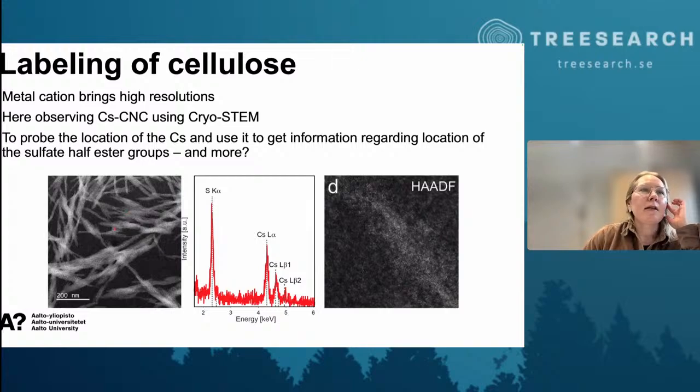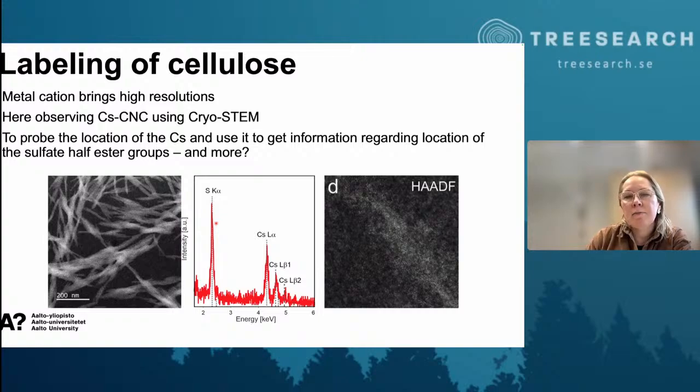Within these bundles there are always some of them together, however they're quite aligned. And then looking into this with the EDX, we can identify that, okay, the cesium is there. We can also identify the sulfur there. So this gives us a good way forward to go ahead with the analysis.